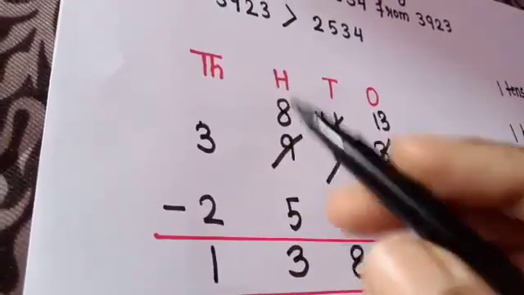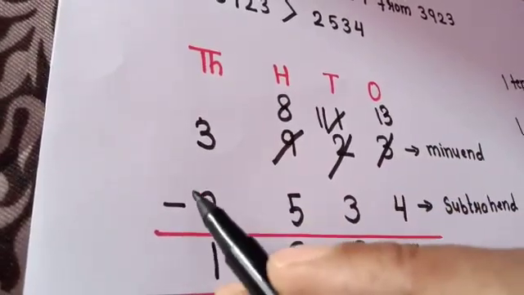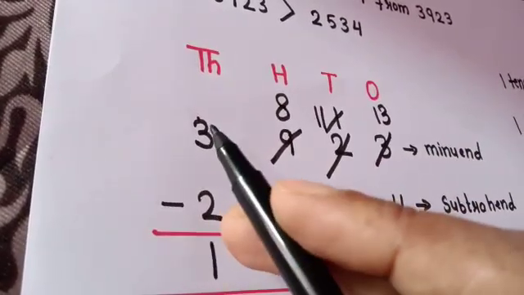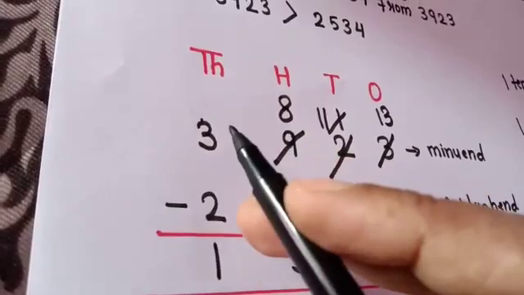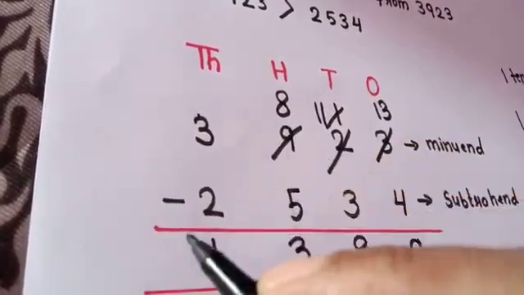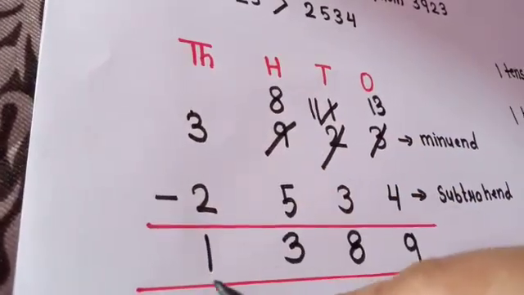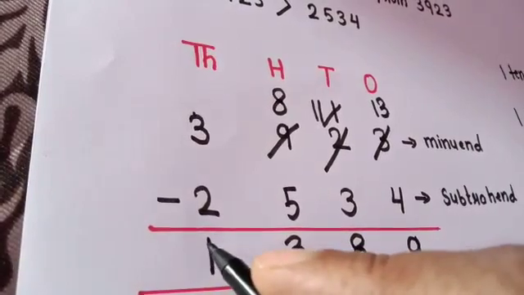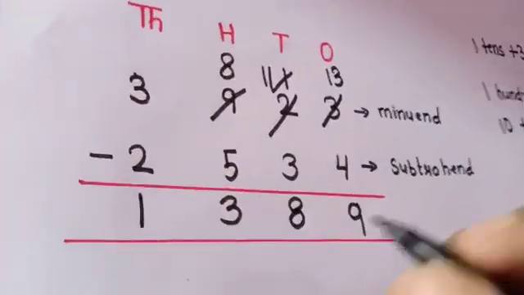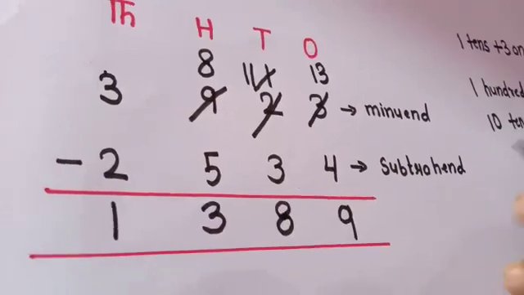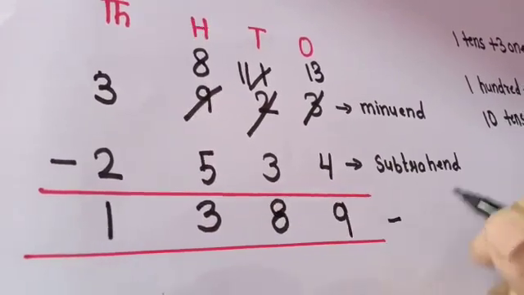Okay, so we can easily subtract 2000 from 3000. So from 3000 when we subtract 2000 we get 1000. So the answer is 1389 and this is called the difference.